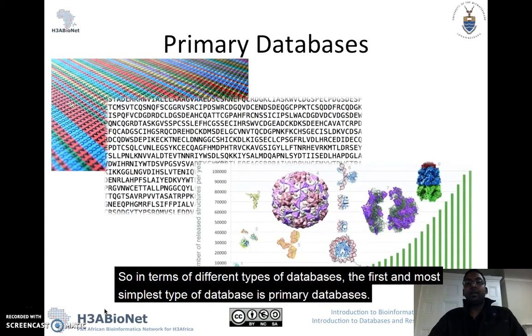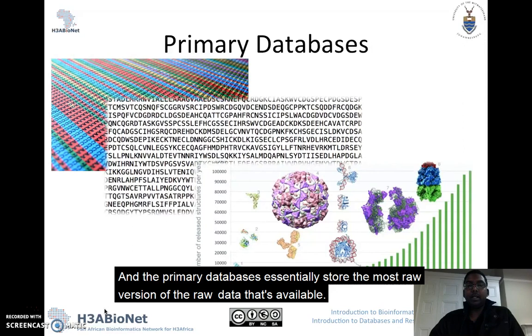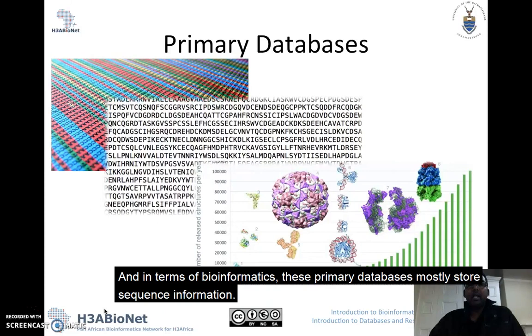So in terms of different types of databases, the first and simplest type of database is the primary databases. And the primary databases essentially store the raw version of the raw data that's available. And in terms of bioinformatics, these primary databases mostly store sequence information. So this can be nucleotide sequence information or protein sequence information.